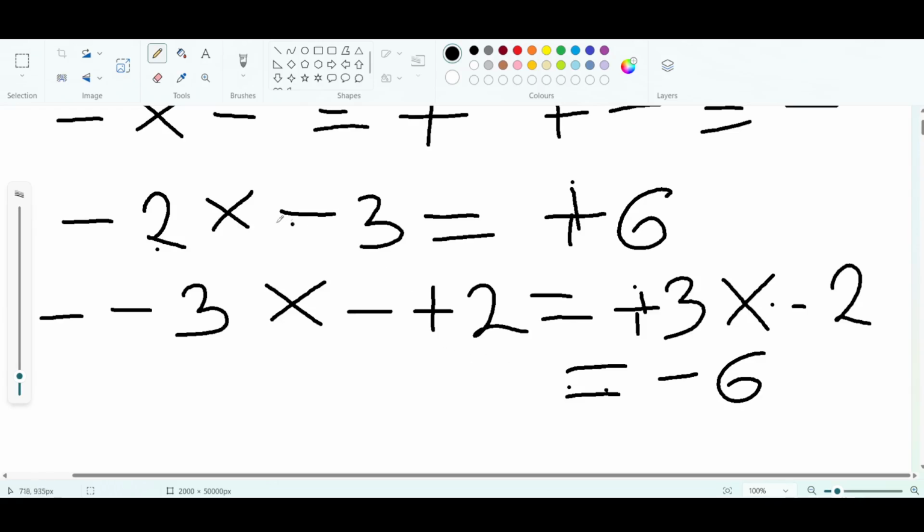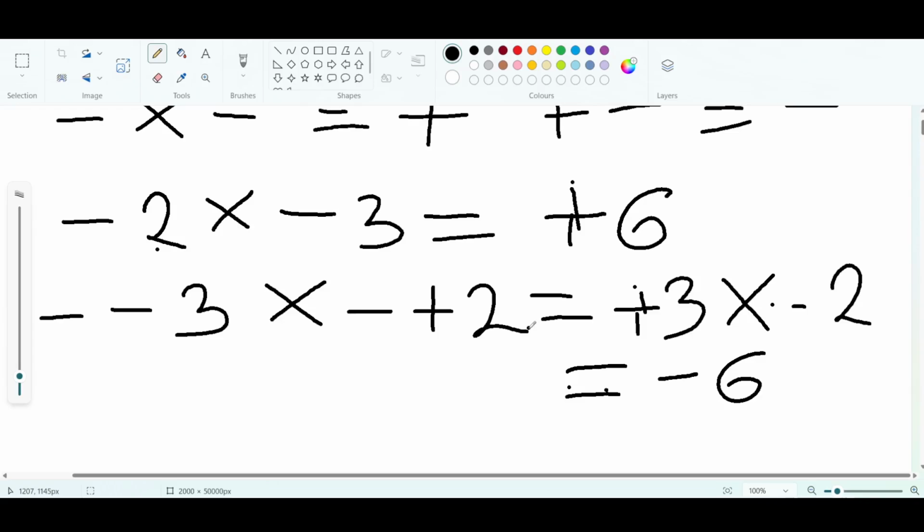But another way to go about this is to count the number of minuses. That's a shortcut to what we are explaining now. Count the number of minuses you have there. Since you have 3 minuses altogether, if the number of minuses is even, the final answer is going to be plus.